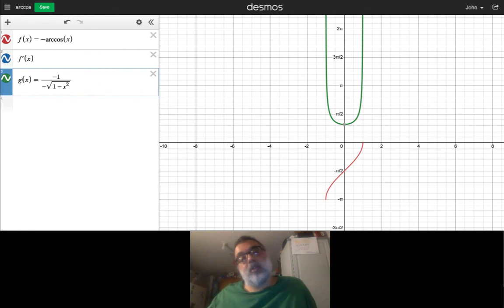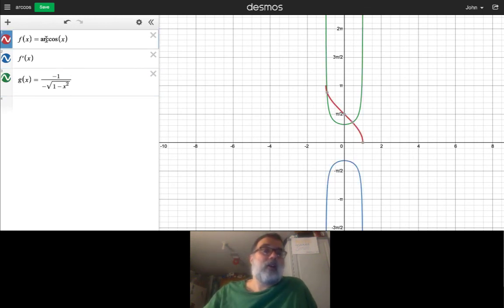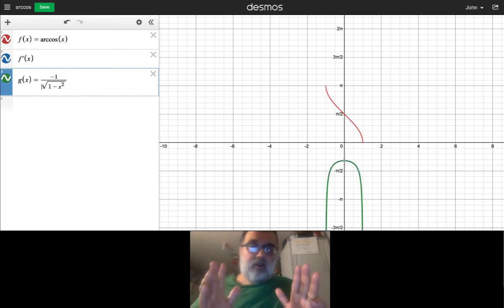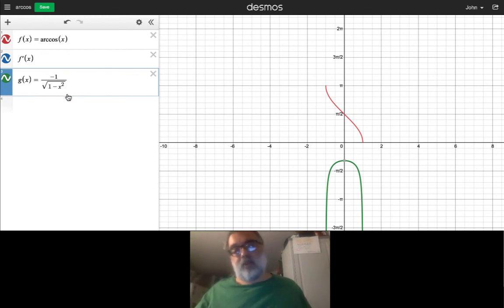So choosing the positive or negative square root turned out to be equivalent to the choice we made for arc cosine. Did we want a positive angle out or a negative angle out? And somewhere along the line, mathematicians said, for the most part, we're going to think about getting positive angles out of the inverse cosine.